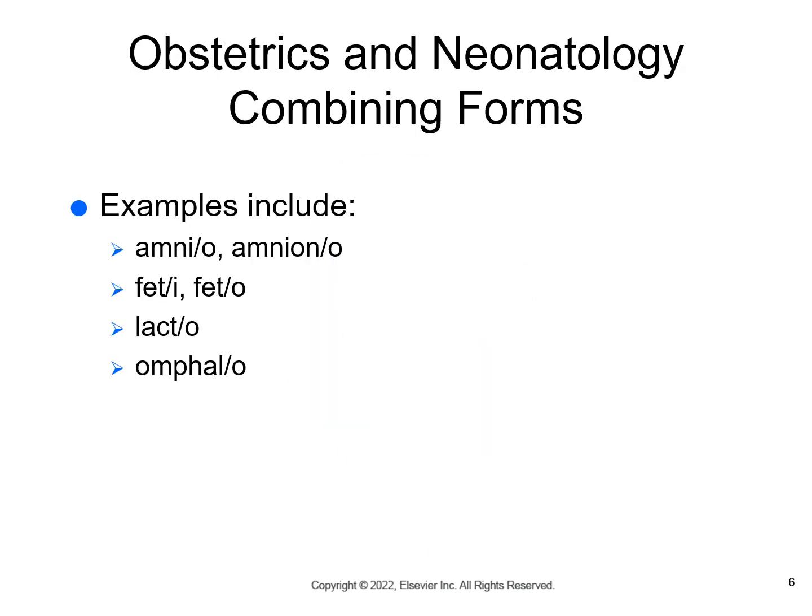Common combining terms include amnio or amnio, and that means amnion or amniotic fluid. Feta or feto, and either the I or the O may be used, refers to fetus or unborn offspring, and lacto means milk, and omphalo means umbilicus or navel.